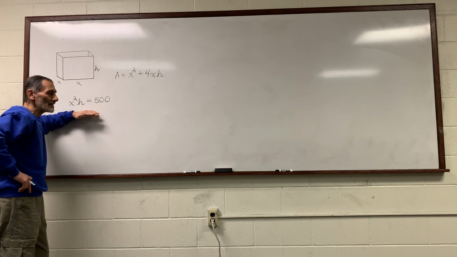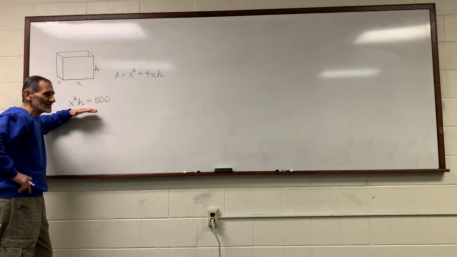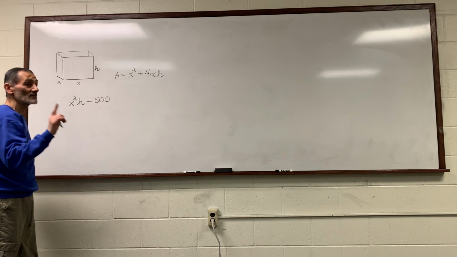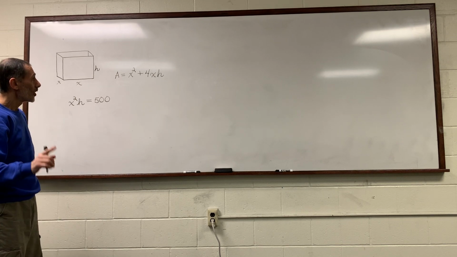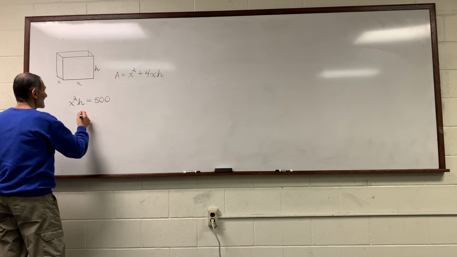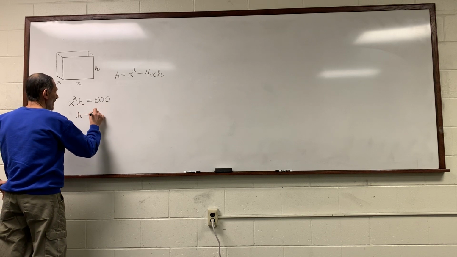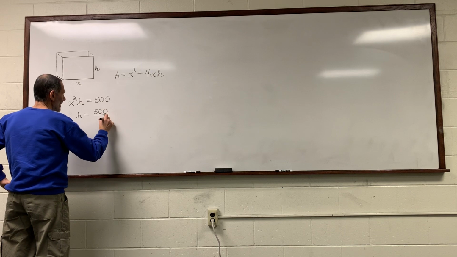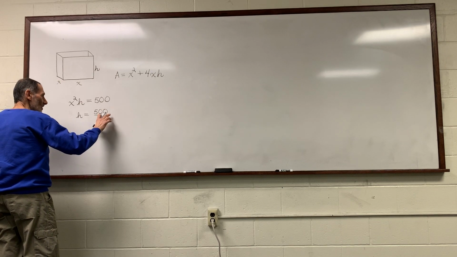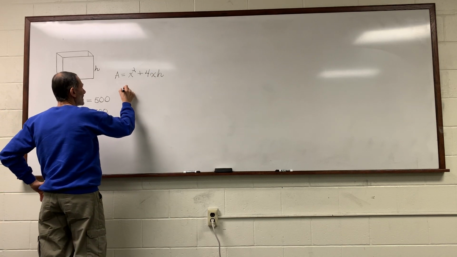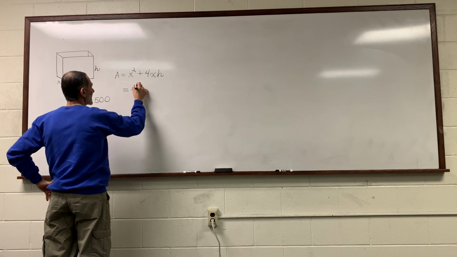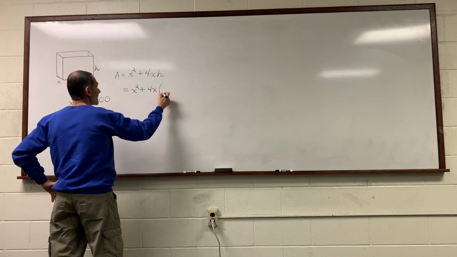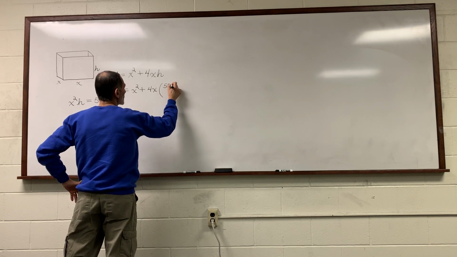This constraint enables us to do something that is absolutely essential. That is to rewrite the objective function in terms of just one variable. We will take this h and set it equal to 500 over x squared. Now we can substitute in this expression for the h. So the total surface area is x squared plus 4x times 500 over x squared.